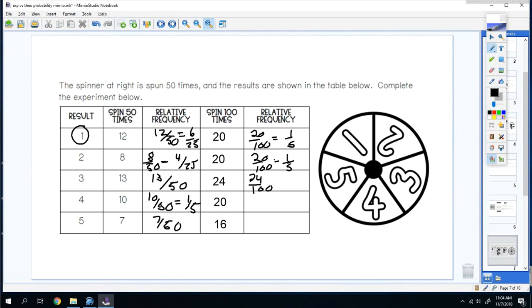And I'm going to confirm my answer, which is 6/25. This one would be 20 out of 100, which is 1/5. And then this would be 16 out of 100, which is 4/25. My pen's just not working today.